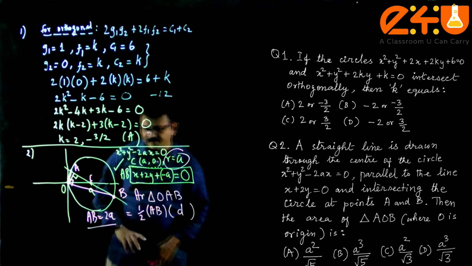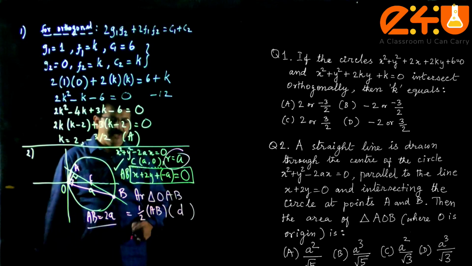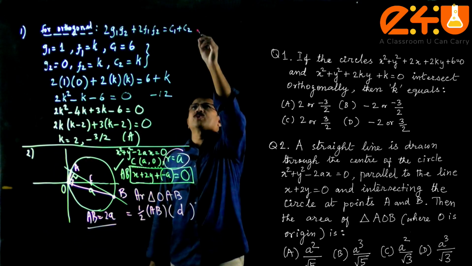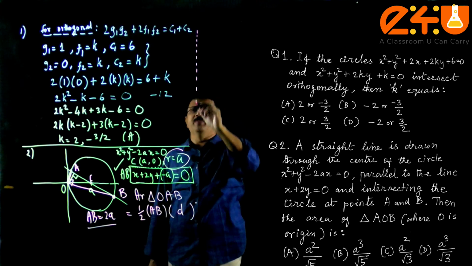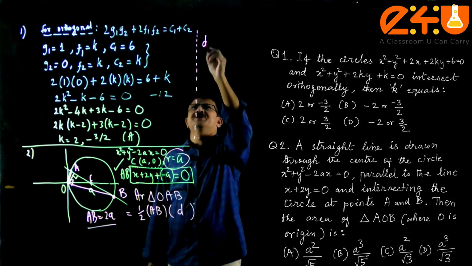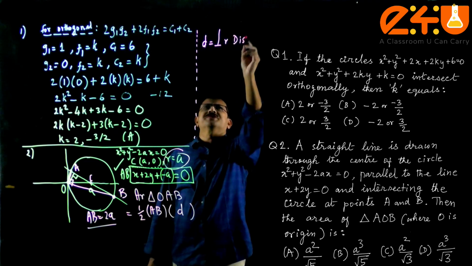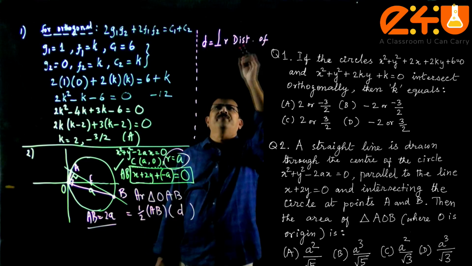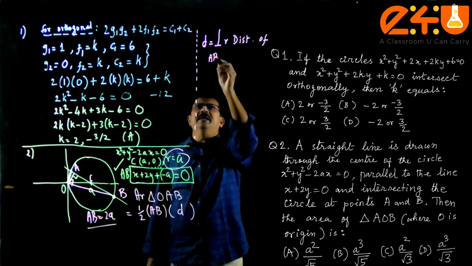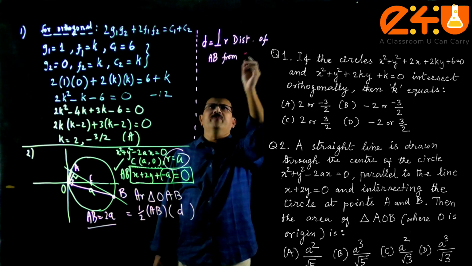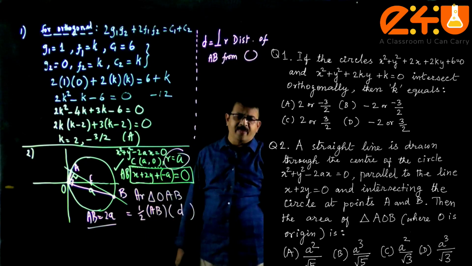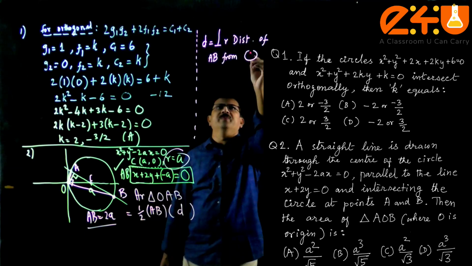So we need to get D. D is available as a standard procedure from the D formula, that means the perpendicular distance of line AB from origin O, very simple.